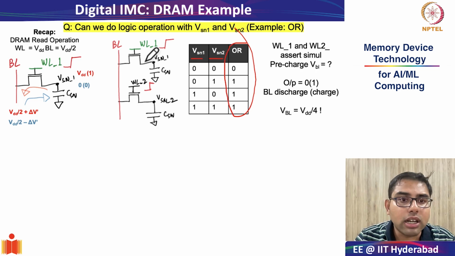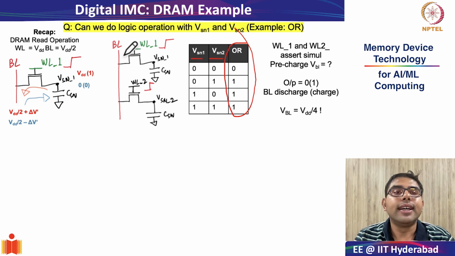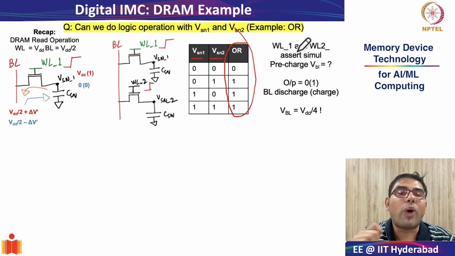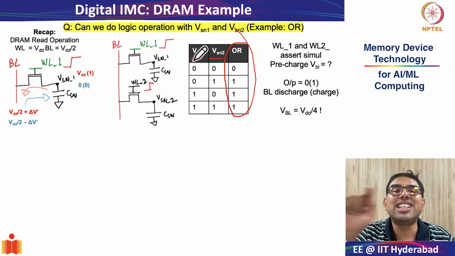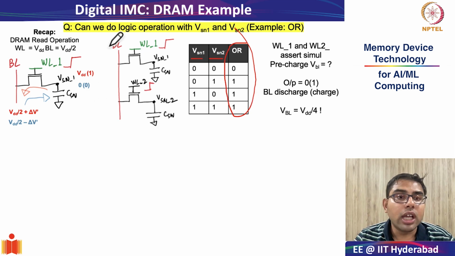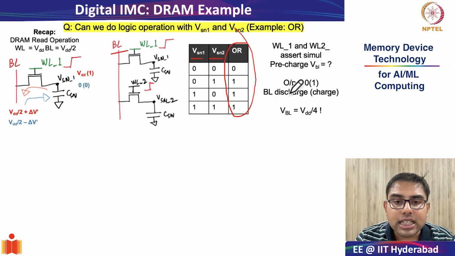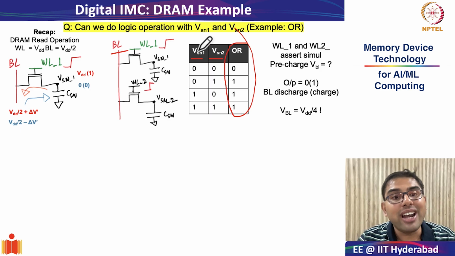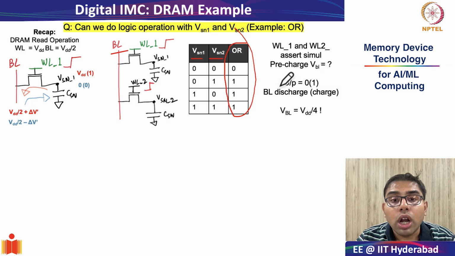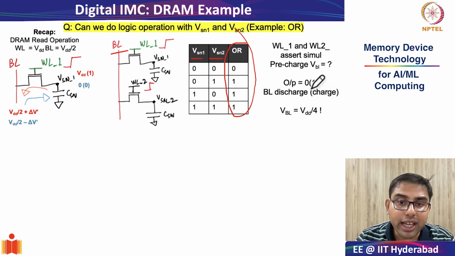Common sense suggests that if we want to do a logic operation, instead of turning on the word lines one by one, you will have to simultaneously turn on the word lines and somehow intelligently pre-charge the bit line such that the output corresponds to 0 when both VSN1 and VSN2 are 0, and for all other cases, when either VSN1 or VSN2 is 1, the output of the sense amplifier should turn to 1.